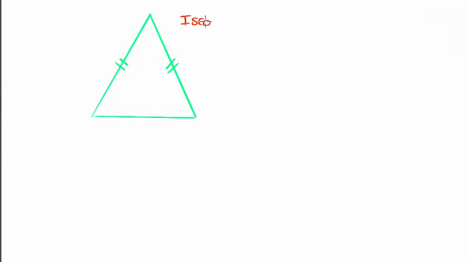In an isosceles triangle, two of the sides are equal. Then the theorem says the base angles should also be equal. In other words, in an isosceles triangle, these two angles here must also be equal. That's the theorem. Now we must prove it.